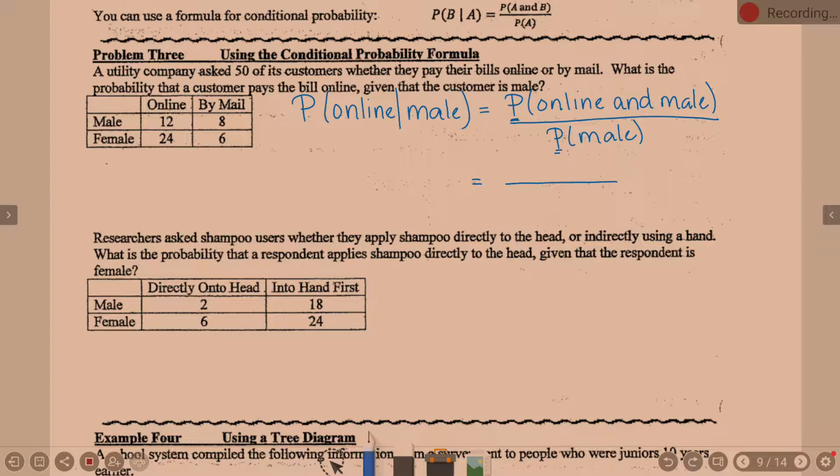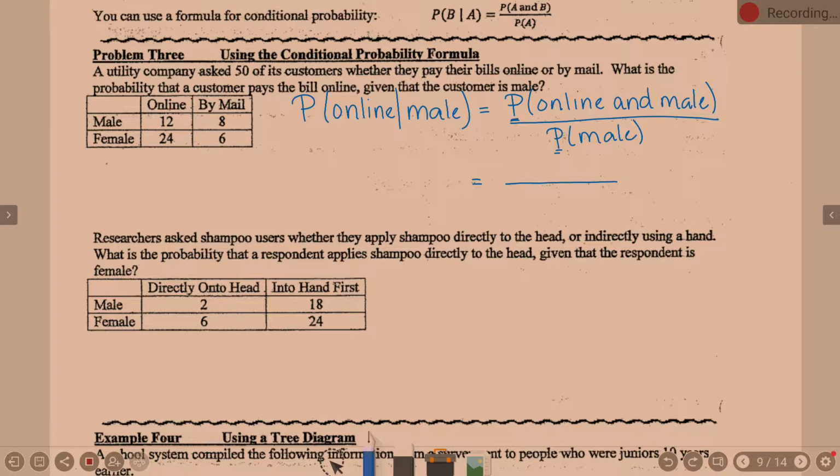Oh, or do they all have to be mailed, or is it? Okay, so what we're doing on top is just the probability that a customer pays online and is mailed. Okay, so for the ones that we did, like the last one where it was both of them, how do you know when you don't do them? Okay, hold on. Let me do this problem, and then let me come back to your question.